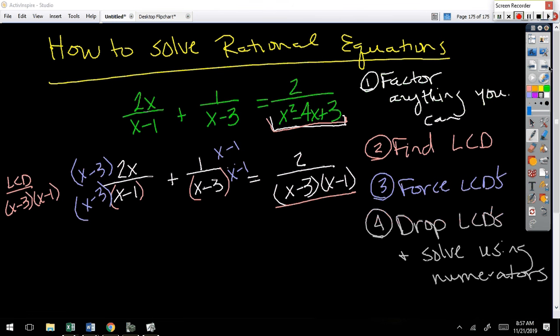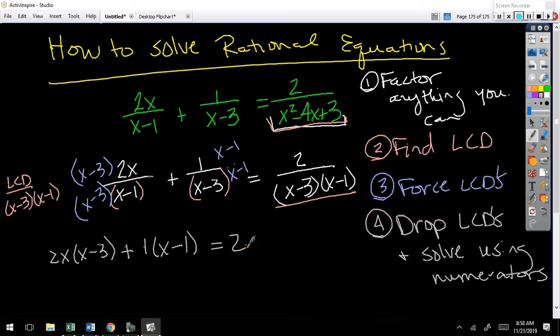Pause. All right. If I drop the denominators off, I end up with 2x times x minus 3. Here you get more practice with your foiling and your distributing. Watch signs. If this was a minus, we would be distributing a negative 1 through to that x minus 1. And it equals 2. Okay?